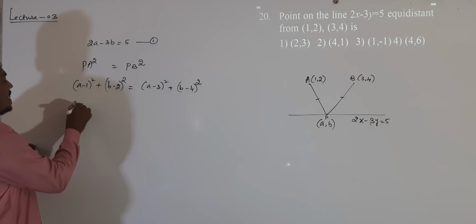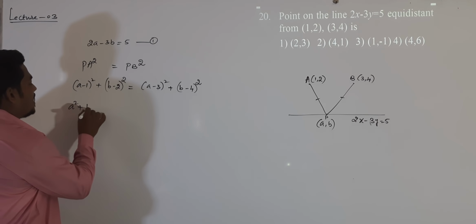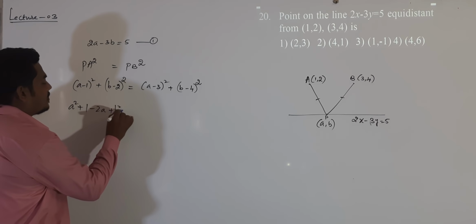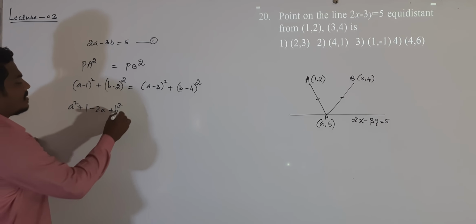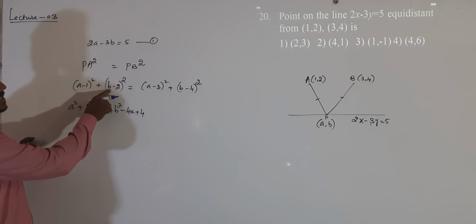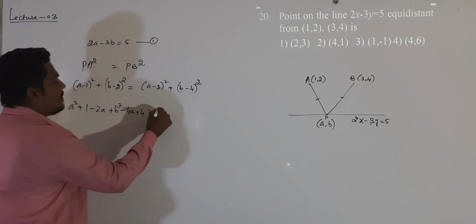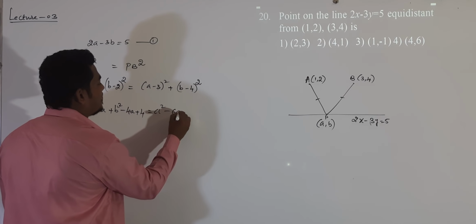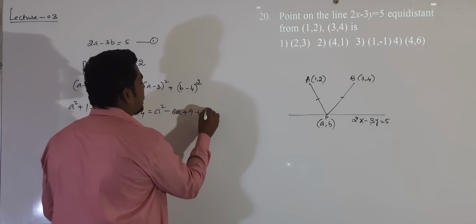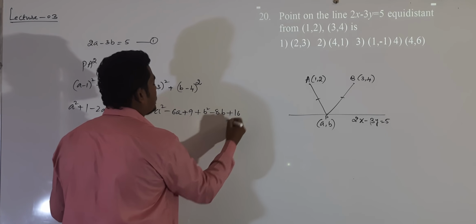Expanding, a square plus 1 minus 2a plus b square minus 4b plus 4 equals a square minus 6a plus 9 plus b square minus 8b plus 16.